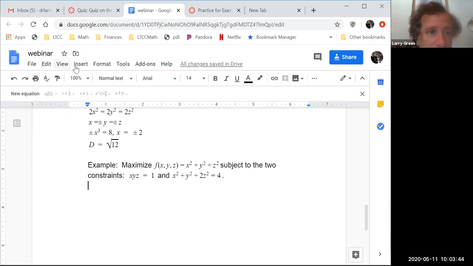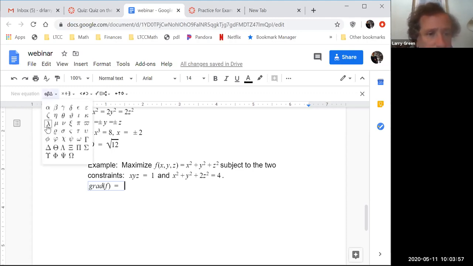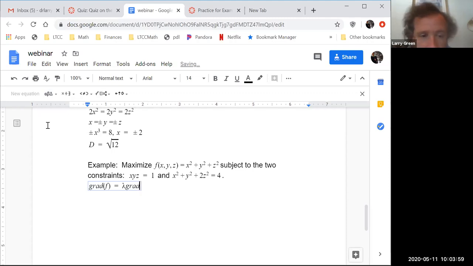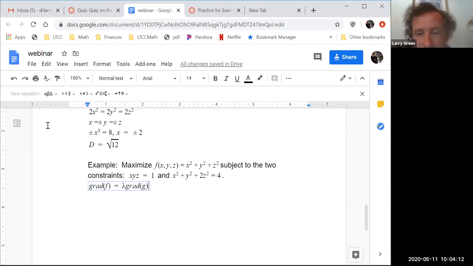I'm going to do this in general first, and then we'll compute. Grad of f is equal to lambda times grad of g. But what's the problem if we just stop there? We have two constraints, which would mean we have two different gradients. Which means we need the next letter.